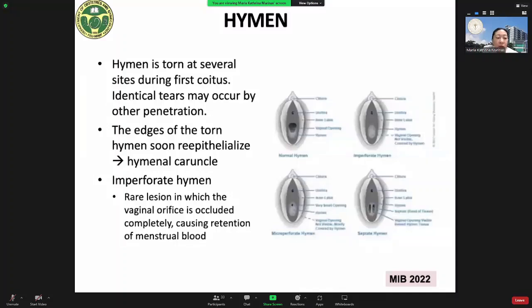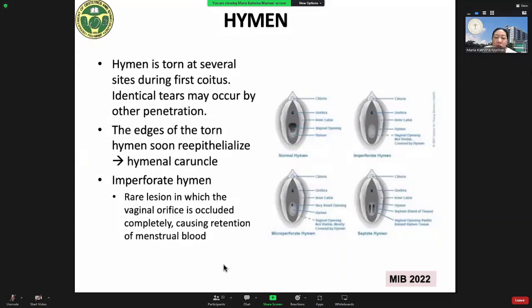The hymen could be torn at several sites during coitus, and over time, this transforms into several nodules of various sizes called the hymeneal or myrtiform caruncles. These are also the areas that are lacerated during a vaginal birth or vaginal delivery.